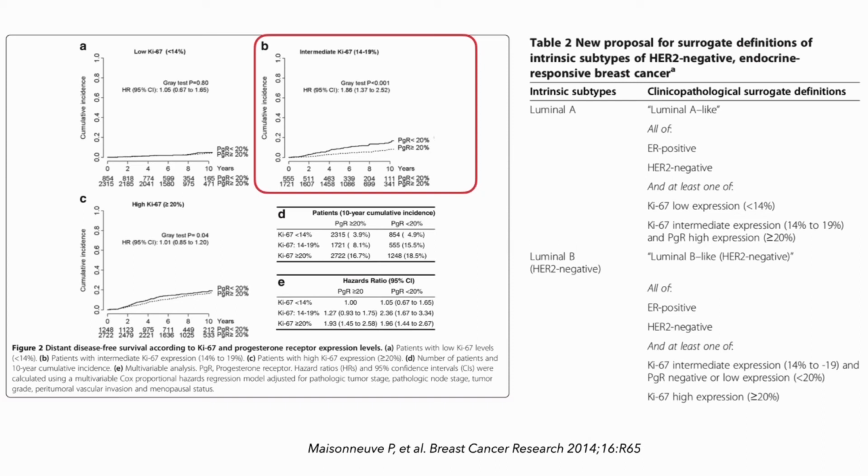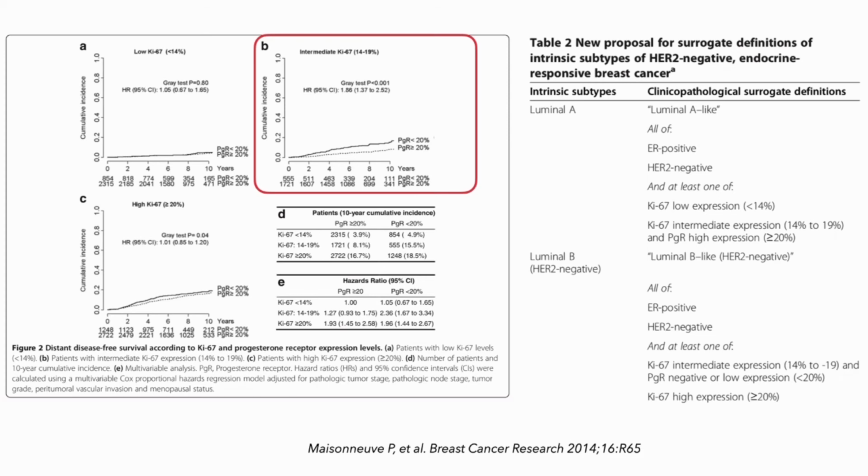If PR is higher than 20% and Ki67 rate is intermediate, between 14 and 19%, versus lower than 20%, you can see the curves are different. These are prognosis curves related to cumulative incidence.